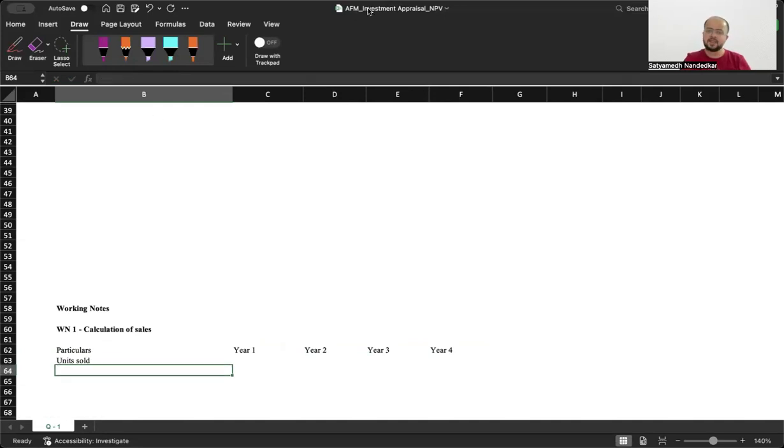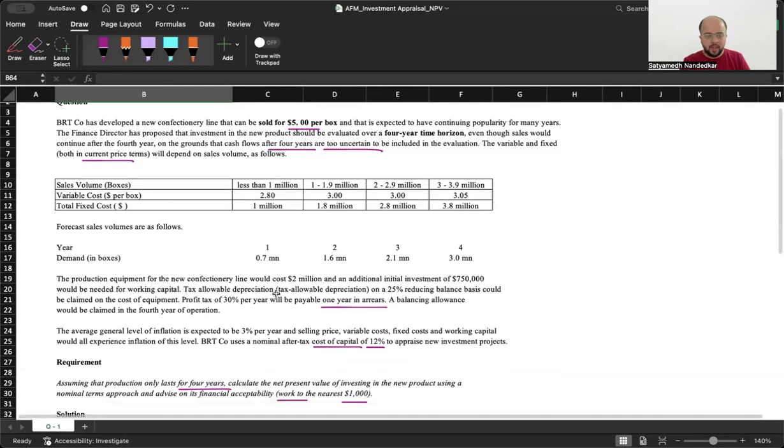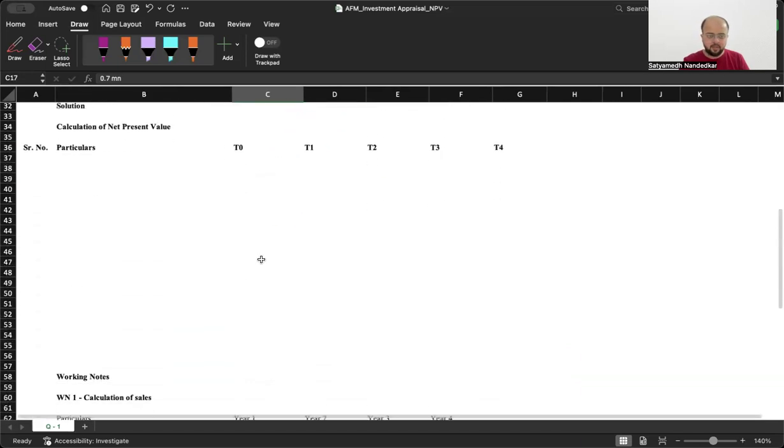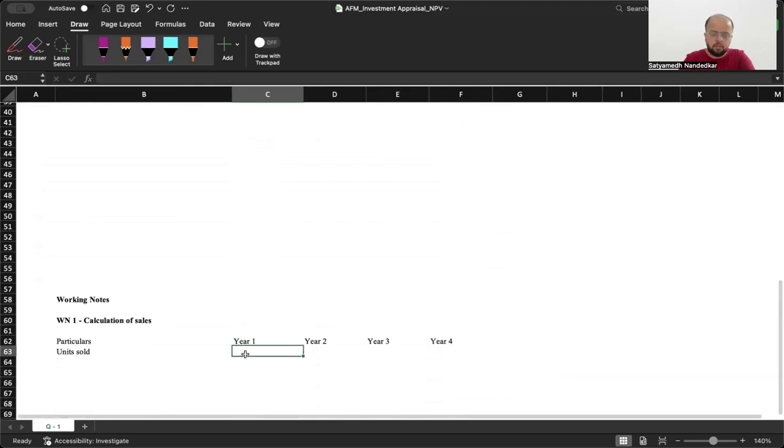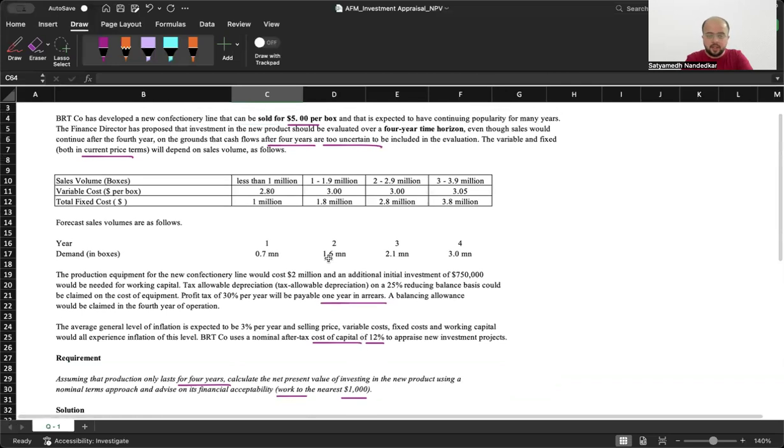Units sold. Let's take that data from the question. Now, year 1 forecast sales volume is 0.7 million. 0.7 into 10 raised to 6. Why? Because it is 0.7 million.